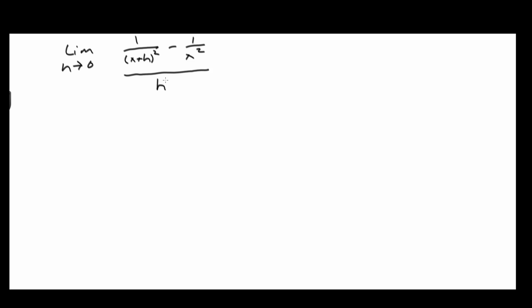So using the same technique here, we're going to multiply both the top and bottom by our common denominator, which in this case would be x squared times (x + h) squared. And we'll also do it down here, (x + h) squared, x squared.